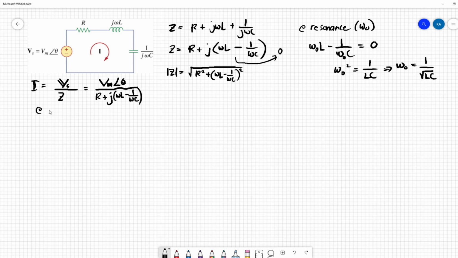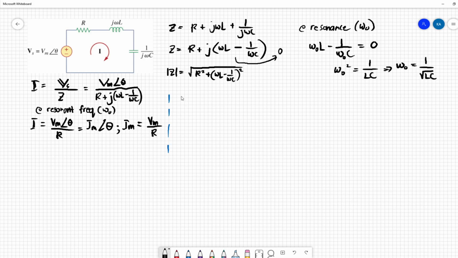So at resonance frequency, Z is purely resistive, so our I is equal to Vm angle θ over R. So we have Im angle θ, where Im is equal to Vm over R.